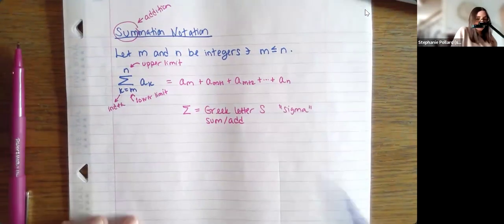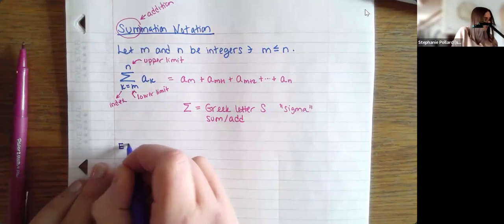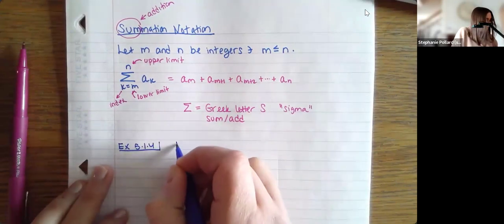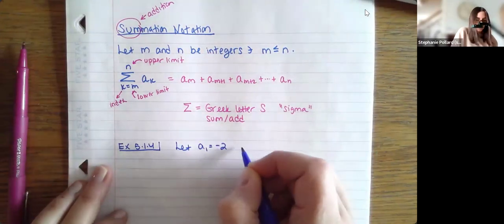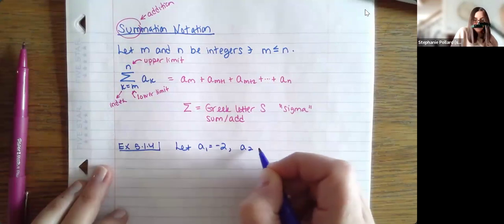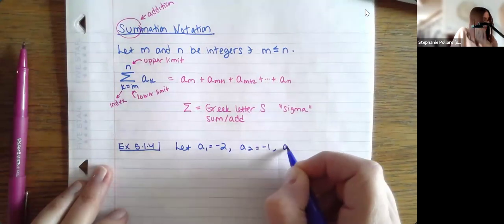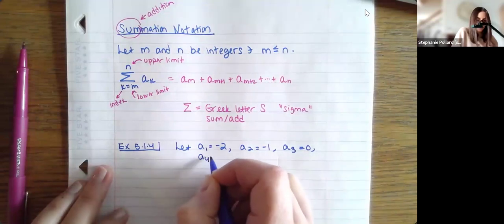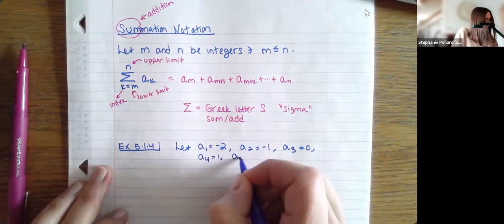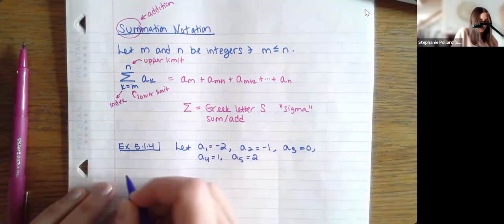All right, let's look at an example so you can actually see something concrete and what this would look like. So let's let A1 equal -2, A2 equal -1, A3 equal 0, A sub 4 equal 1, and A sub 5 equal 2.